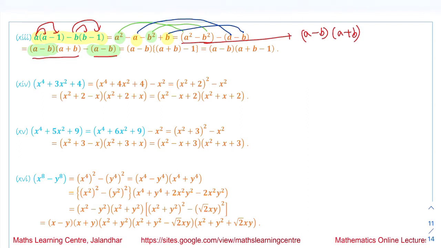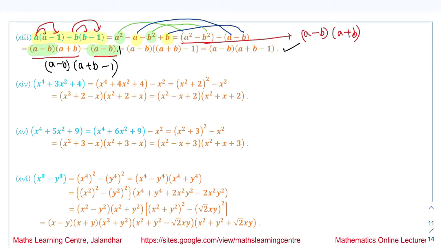So when you take this common, you will get this answer. Again the same thing: when you take a minus b common, basically into 1 is there. So you will get a plus b minus 1.